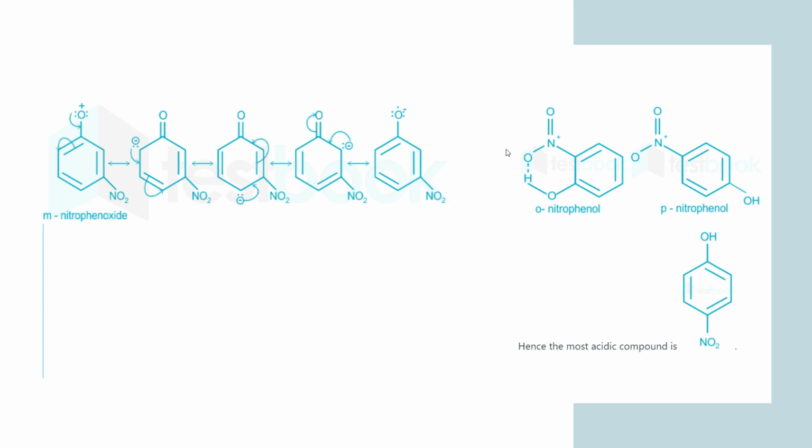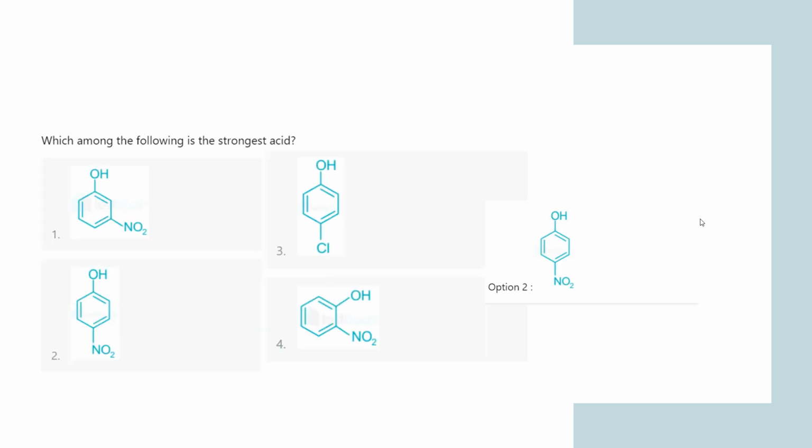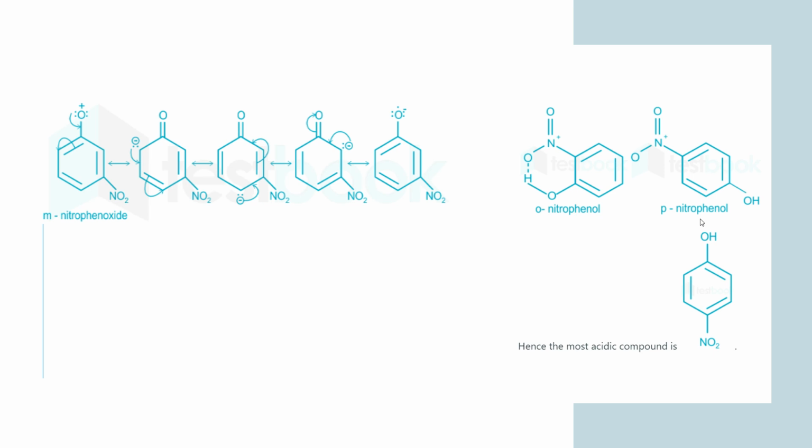And due to this hydrogen bonding, orthonitrophenol is a little less acidic than paranitrophenol. So due to hydrogen bonding, paranitrophenol will be more acidic. Thus, we compare the acidic strength of these four options given, and the most acidic out of these four will be option 2. So paranitrophenol will be the most acidic one.